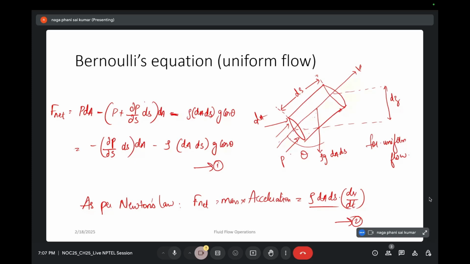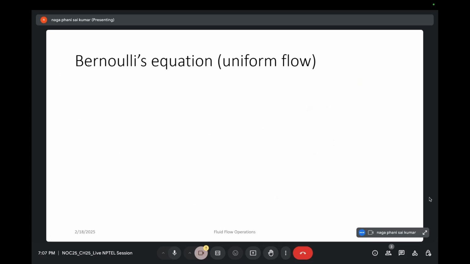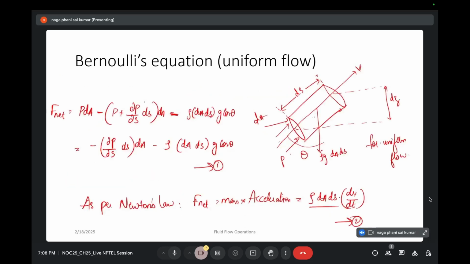This is the angle, so cos theta gives us dz by ds. Let's give equation numbers as well.